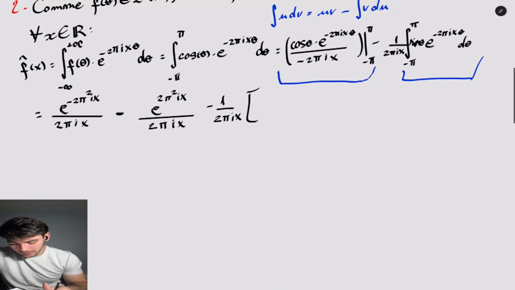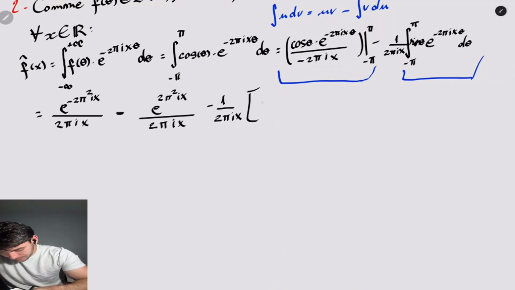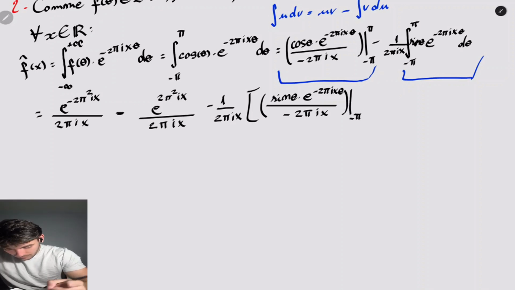So we will have uv, so sine of theta times the integration of the exponential. And here minus and the integration between minus pi and pi.